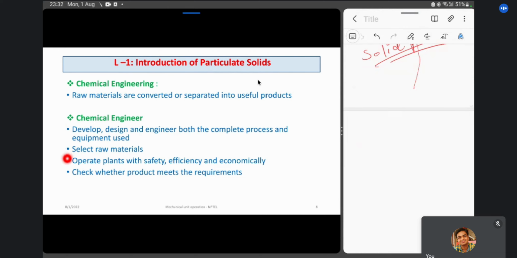We need to operate plants with safety, efficiency, and economically, so a chemical engineer should keep all the techno-economical aspects in mind. Check whether the product meets the requirement. All manufacturing industry boils down to the quality of the product, so we need to always make sure that whatever product we are manufacturing is at a particular standard quality level and meets our requirements.